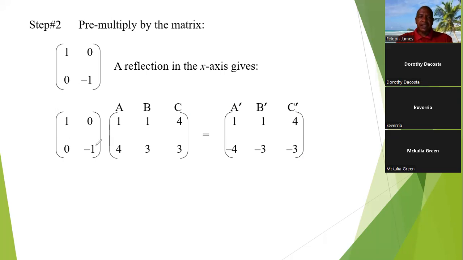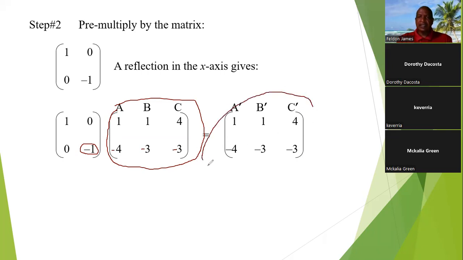So the effect of this negative one in the row below means that when you multiply this matrix, these numbers that are in the same row below, that means the 4, the 3, and the 3 here, all you're going to do is add a negative sign to them. -4, -3, -3, and you get the answer. That's it.